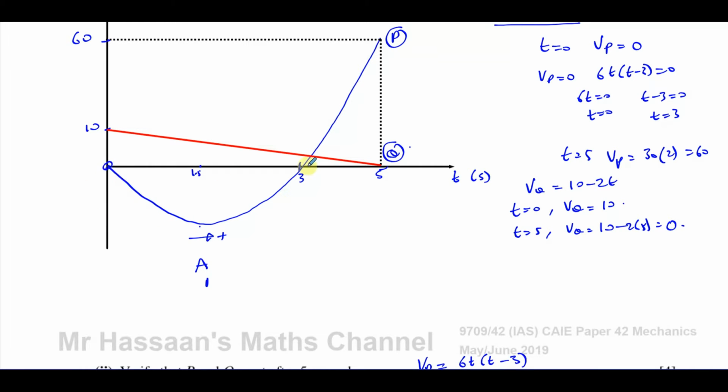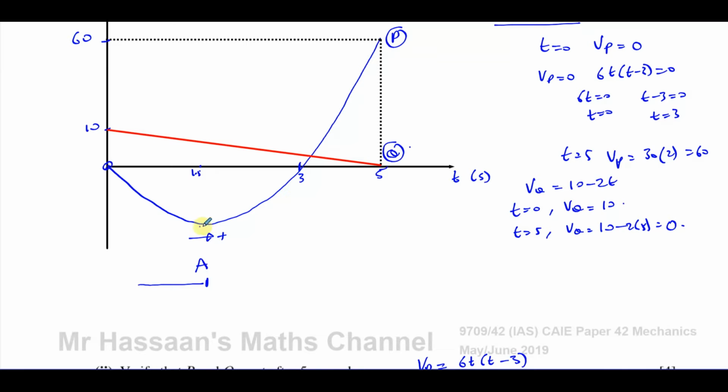In this whole region between 0 and 3, the velocity is negative. So particle P will be going in this direction, and at first its speed will be accelerating, getting greater, but in the opposite direction.